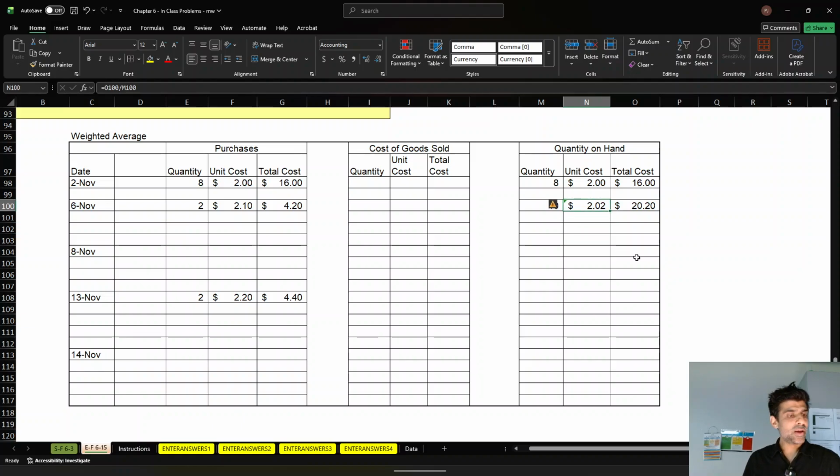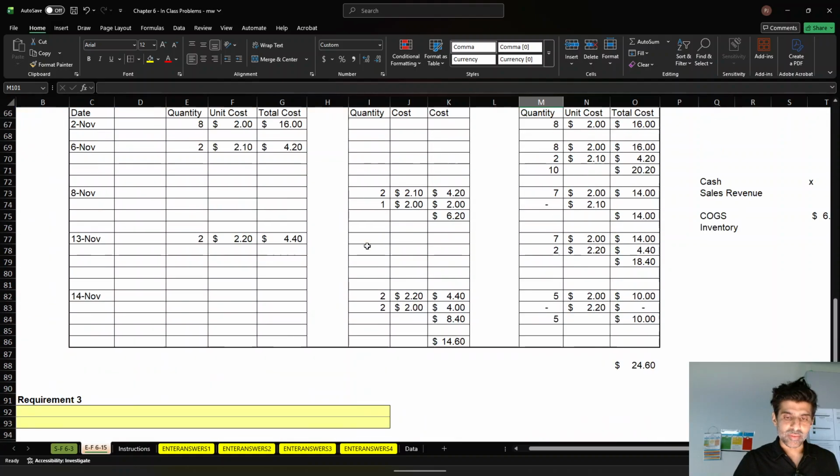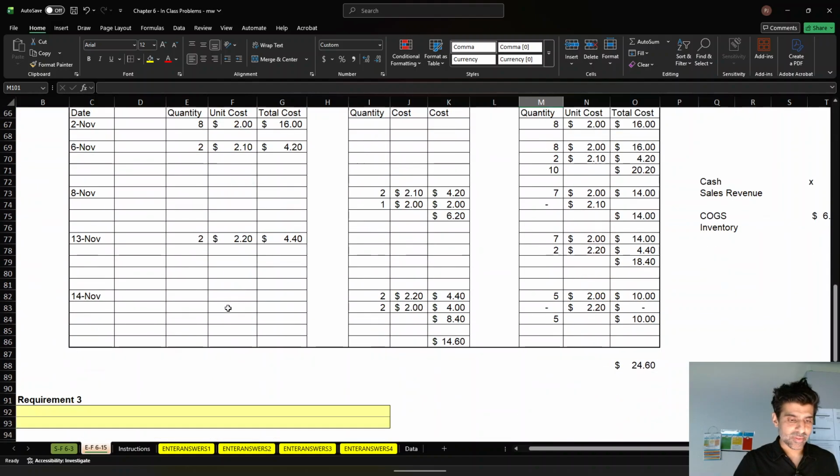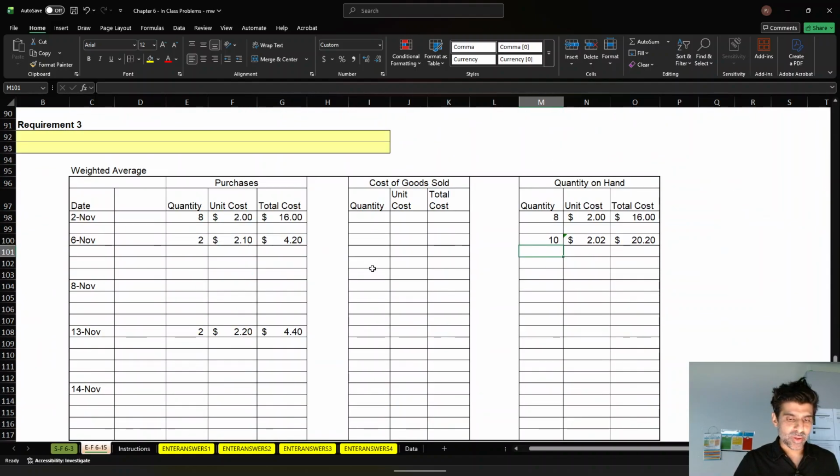Now if I never did another purchase transaction, I would use this as the cost. Whenever I sold 5 units, or let's just do the next transaction. I sold 3 units. So I'm selling 3 units.